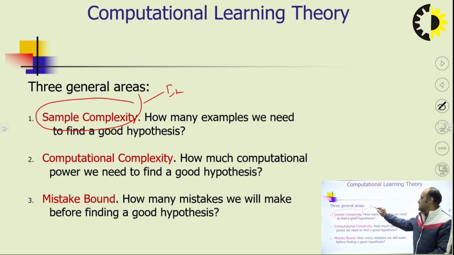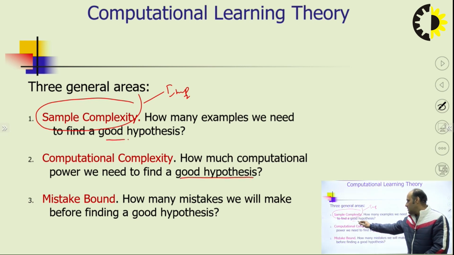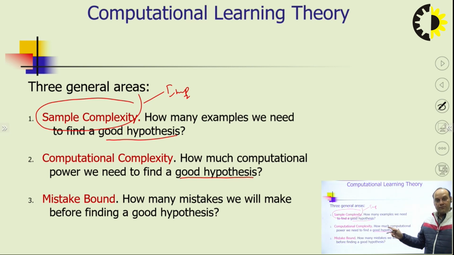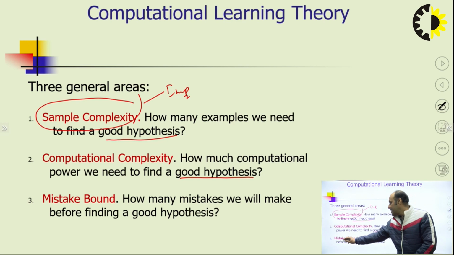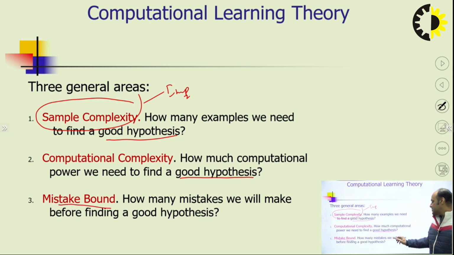Number two, it will focus on the computational complexity: how much computational power we need to find a good hypothesis. Always here, we need to find a good hypothesis. And the third area is mistake bound: how many mistakes we will make before finding a good hypothesis.